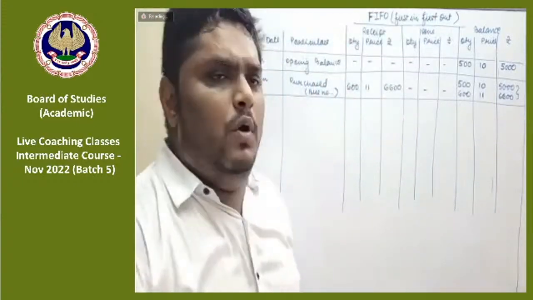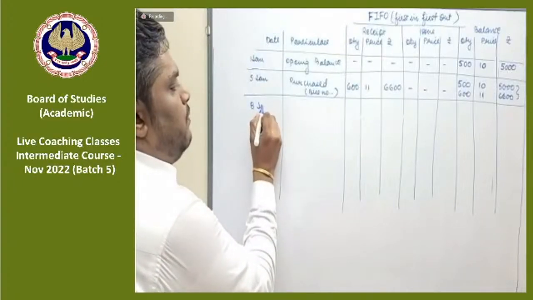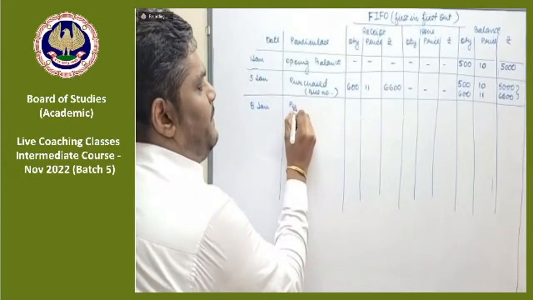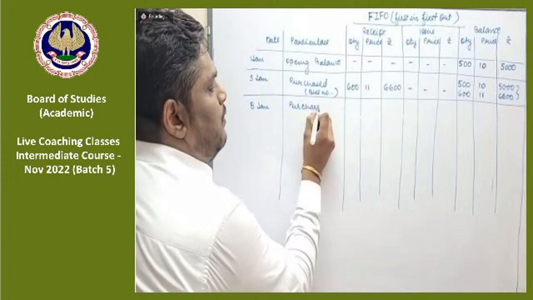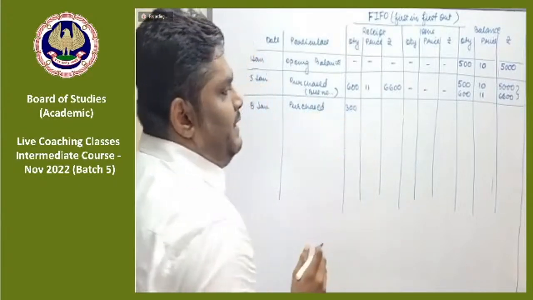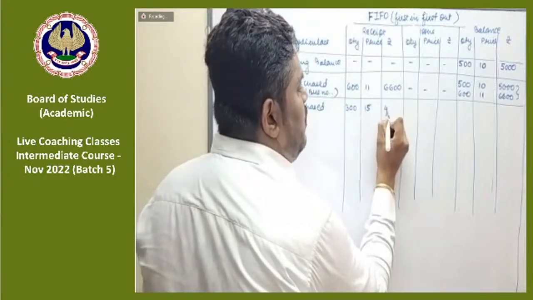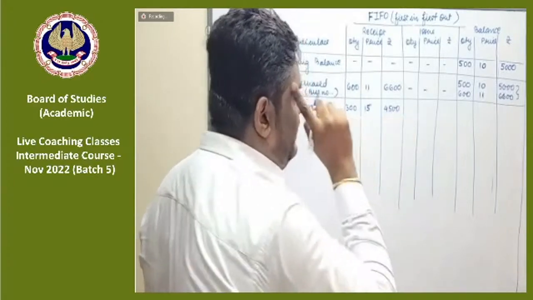Now let's take one more date, wherein let's say on 8th January also, again the company purchased 300 kgs of raw material at the rate 15. So the total cost will be 4,500.